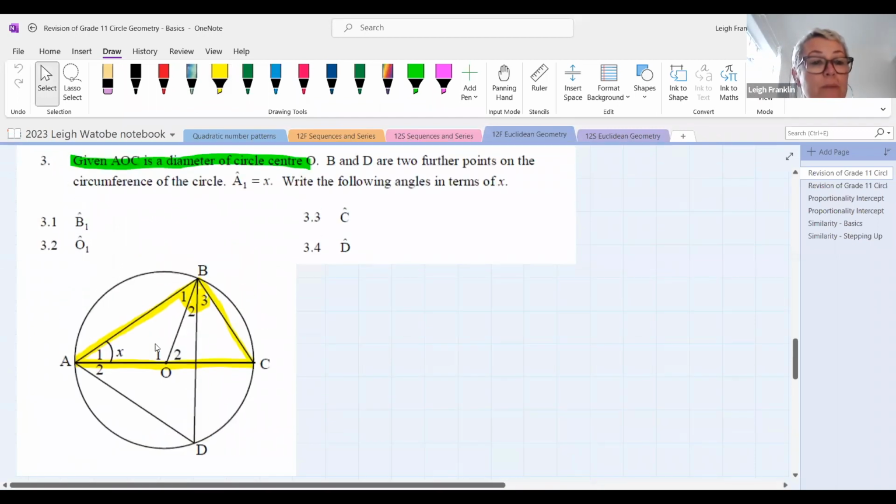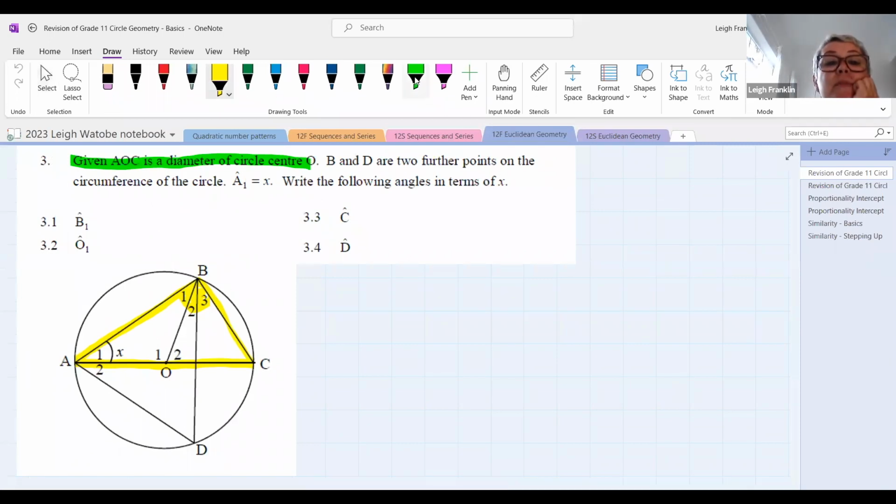That's what it means for us when they tell us AOC is a diameter. The other bit of information they give us is that B and D are 2 further points on the circumference. So we've got B over here and D over there, and they also tell us that angle A1 is equal to X.